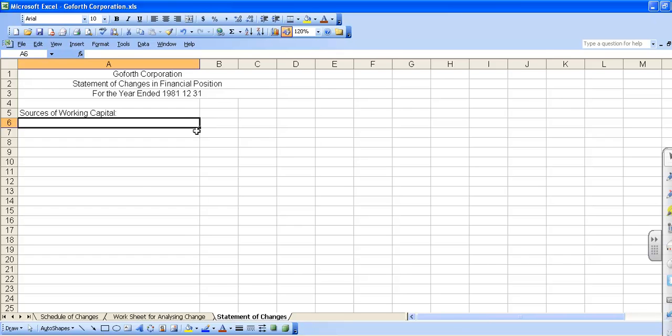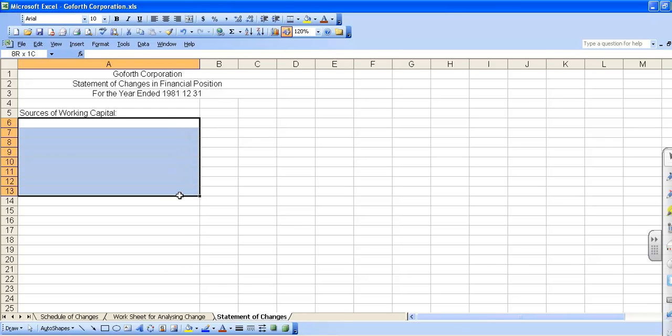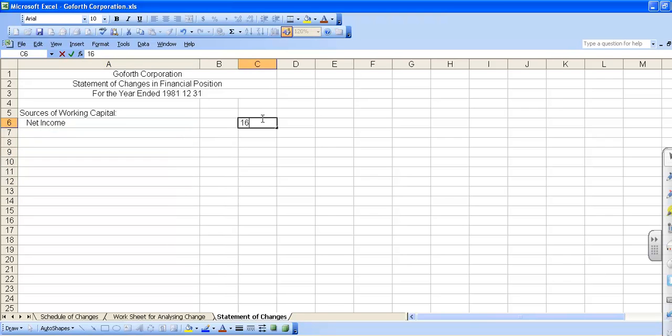So our first source of working capital was our net income, and our net income was $16,000. Then we're going to add expenses not using working capital.